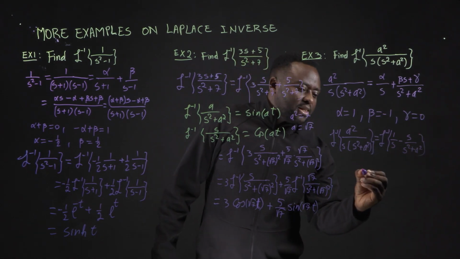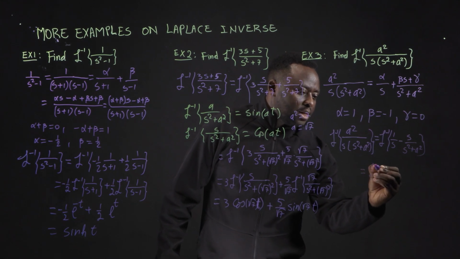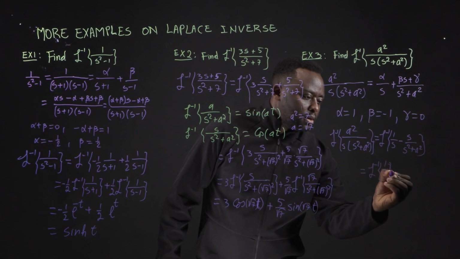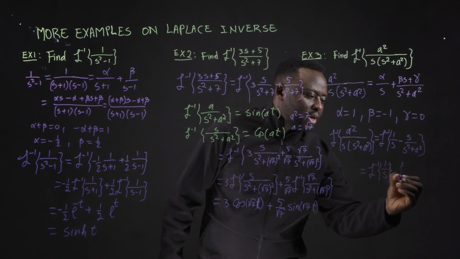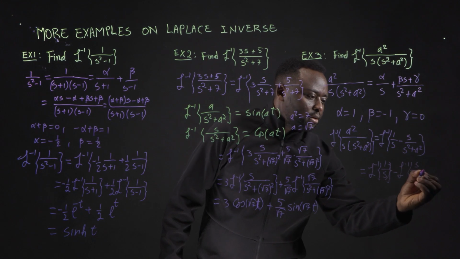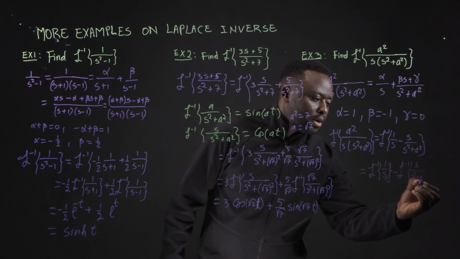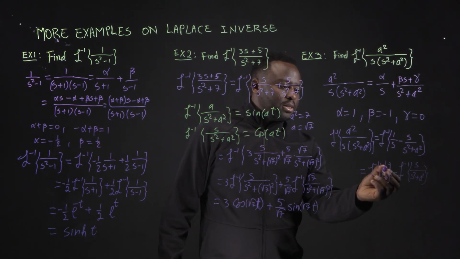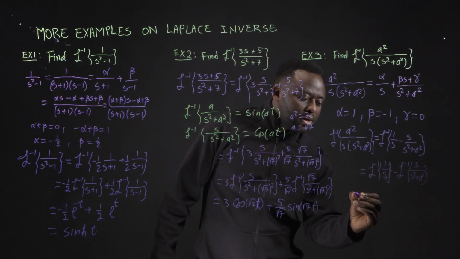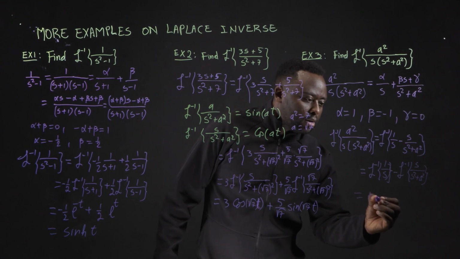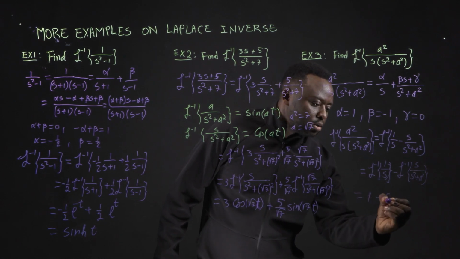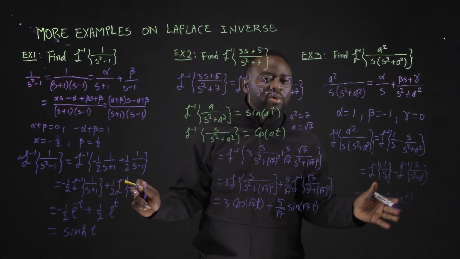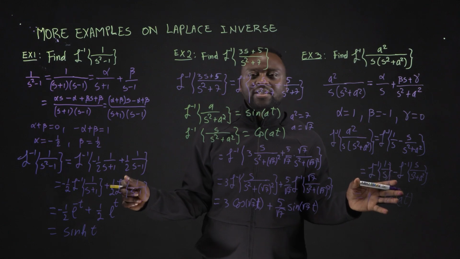All right, this is the linearity property. We have the Laplace inverse of 1 over s minus the Laplace inverse of s over s squared plus a squared. What is this? The Laplace inverse of 1 over s is 1, and the second part is cos at. So this is straightforward, very simple. You should be able to do this. Right. Thank you.